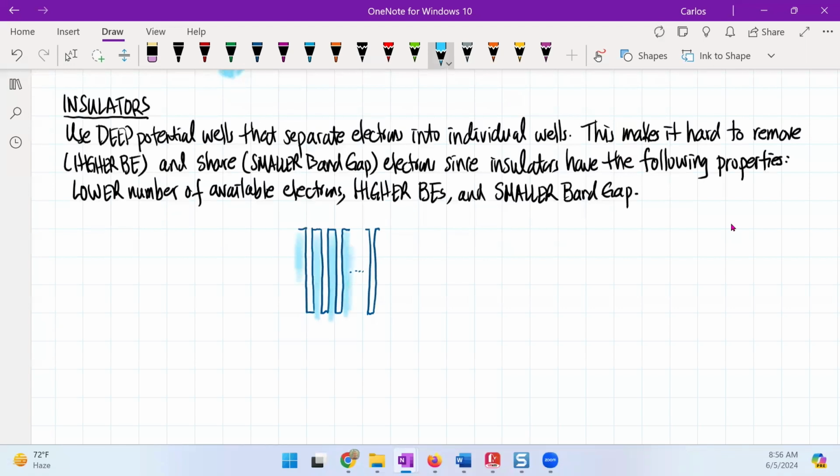You will never find electrons in these regions. So then I come in with my electron and I go, yep, there they are at the bottom. It's not easy to share these electrons because they're all individually separated out. That's what I mean by an insulator. Now the conductor is going to require more work. So let's look at that.